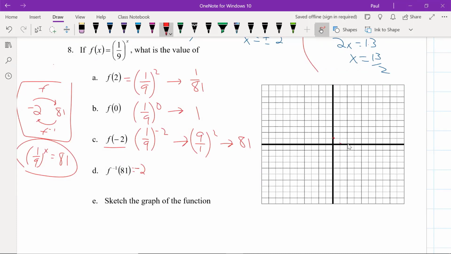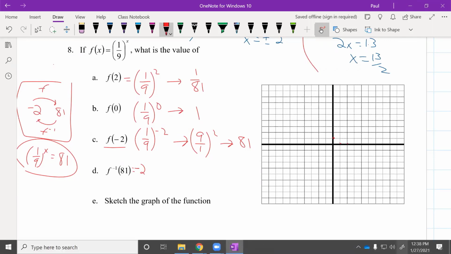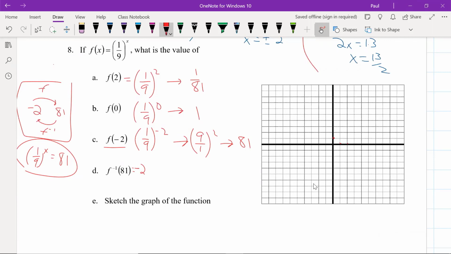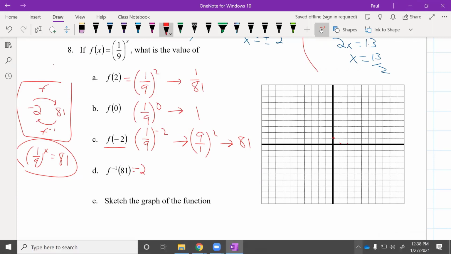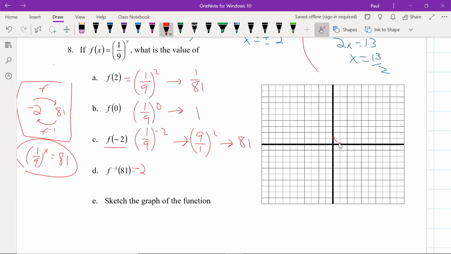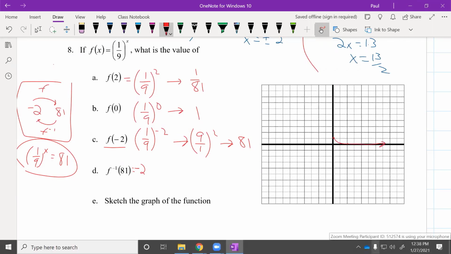And at 2, we're at 1 over 81. That's so close to the x-axis that we really can't draw it in this crude drawing. So we're almost at 0, almost immediately. We go another level, 1 over 729. It never quite gets to 0, but it gets as close as you want. Very rapidly approaches the x-axis asymptotically.